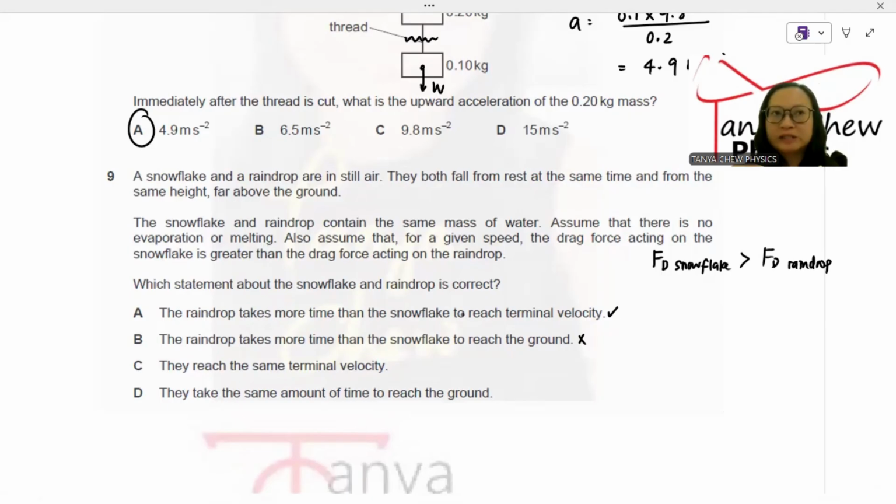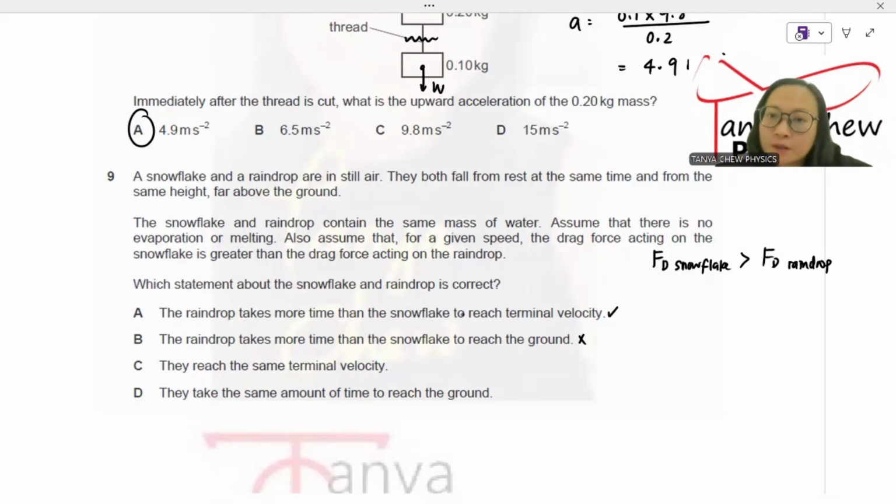first. Terminal velocity means that there is no acceleration. Acceleration is equal to 0. So the snowflake will achieve the constant maximum speed, which we call terminal velocity, faster as compared to the raindrop. The raindrop is still experiencing acceleration.